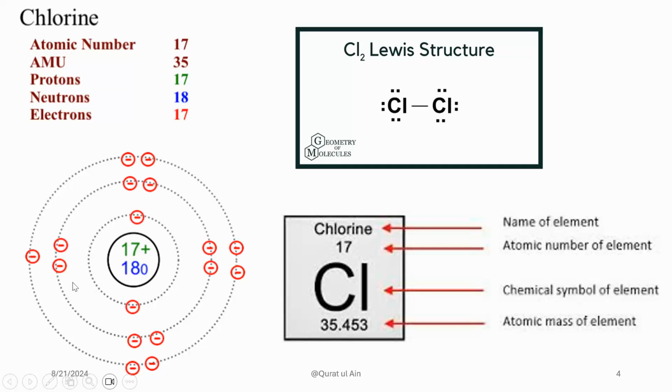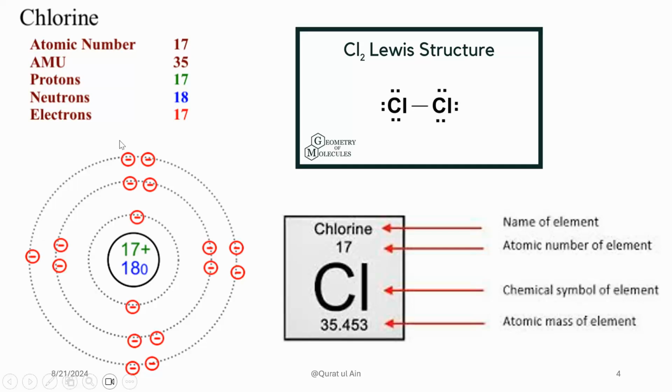From this diagram we can see that the outermost shell of the chlorine atom is occupied with 7 electrons, and the outer shell has only one unpaired electron. However, it has 3 lone pairs of electrons. Lone pairs are electrons that are present in the outer shell of an atom in a pair and are not involved in any bonding.